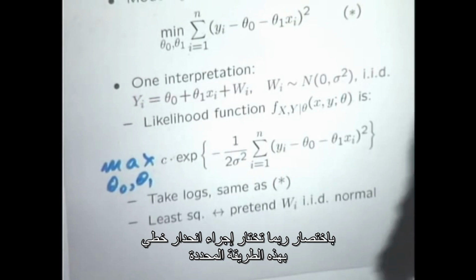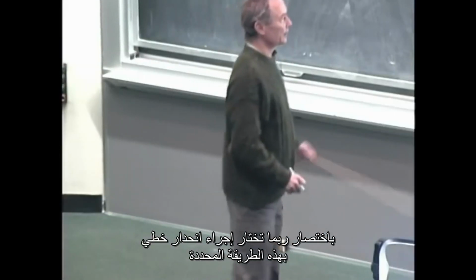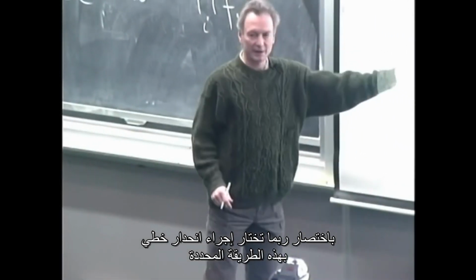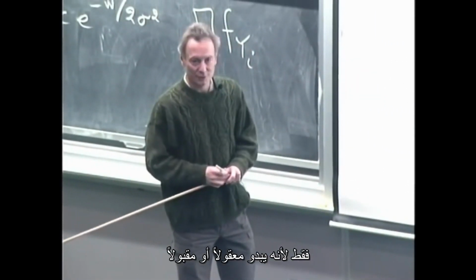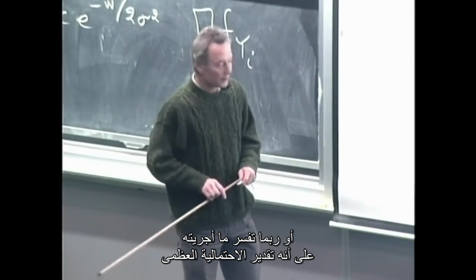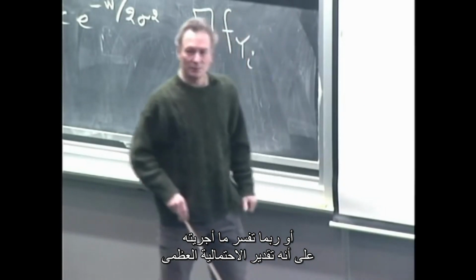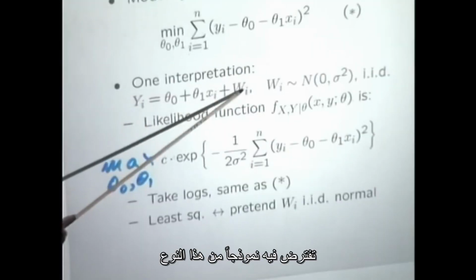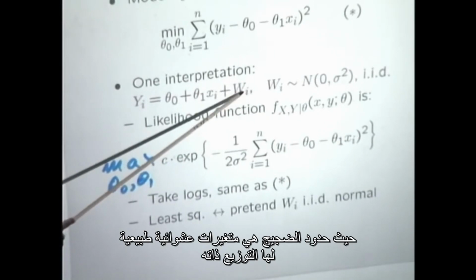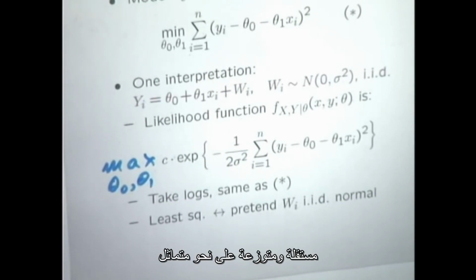So, conclusion: you might choose to do linear regression in this particular way just because it looks reasonable or plausible, or you might interpret what you're doing as maximum likelihood estimation, in which you assume a model of this kind where the noise terms are normal random variables with the same distribution, independent, identically distributed.